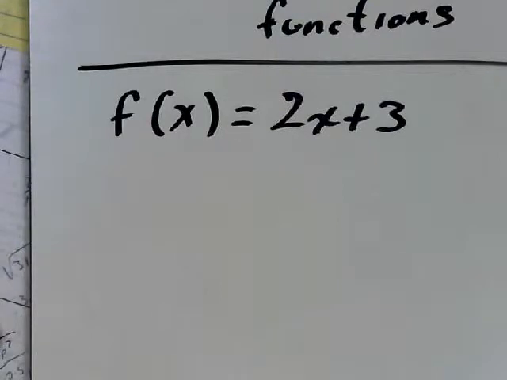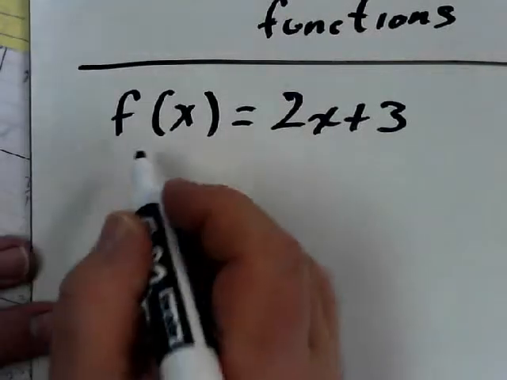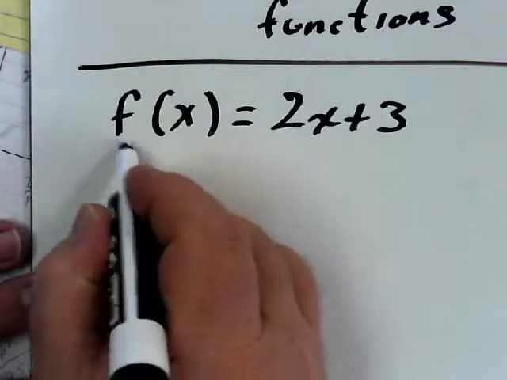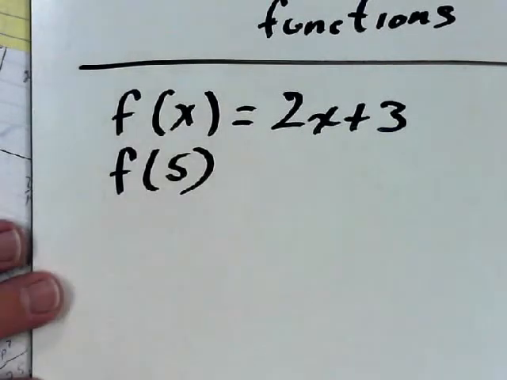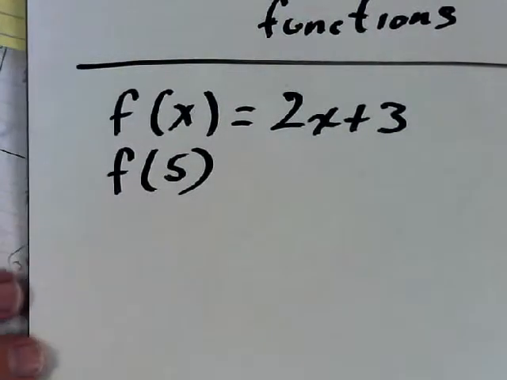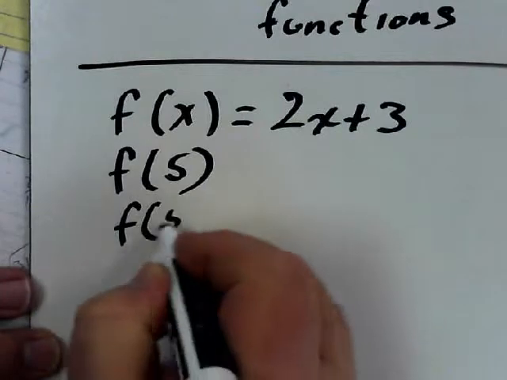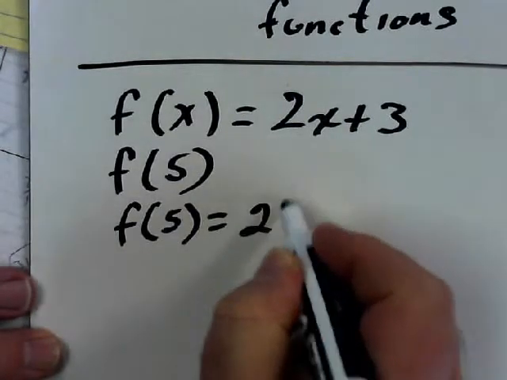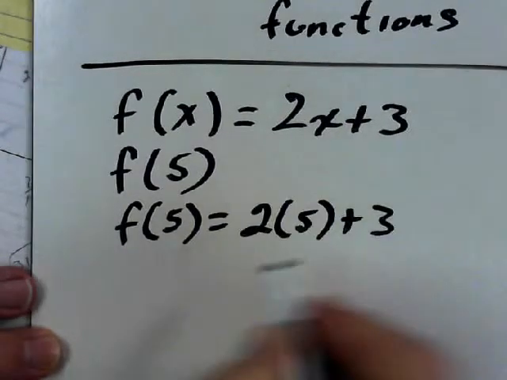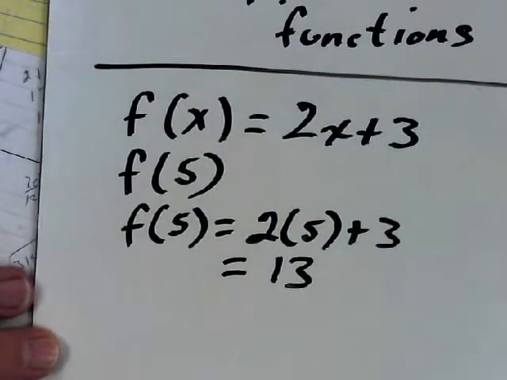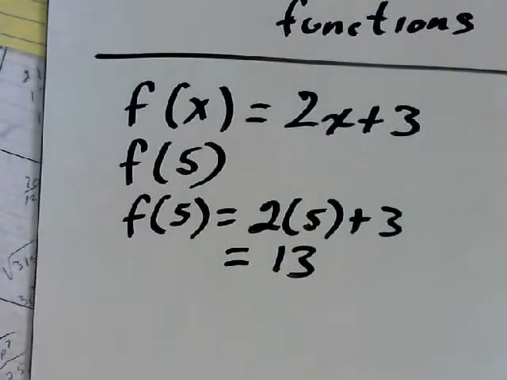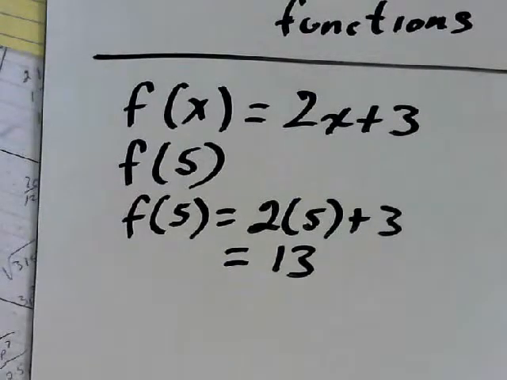We also said, what if I wanted to find the value of f of 5? What did we do with that 5? So if we did that, we had 2 times 5 plus 3, so that would equal 13. Correct? Remember doing that?